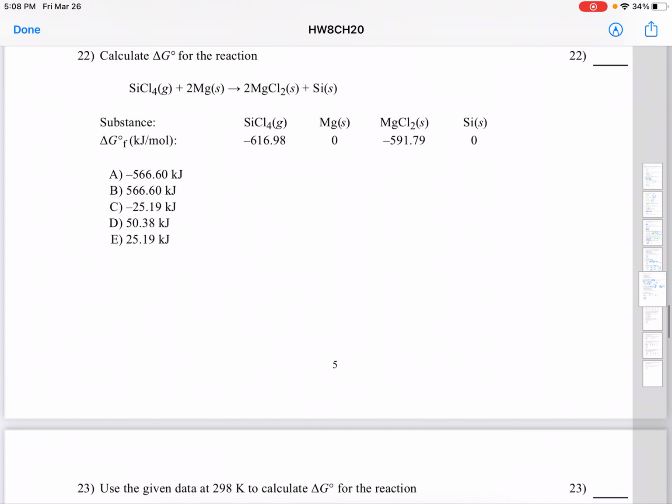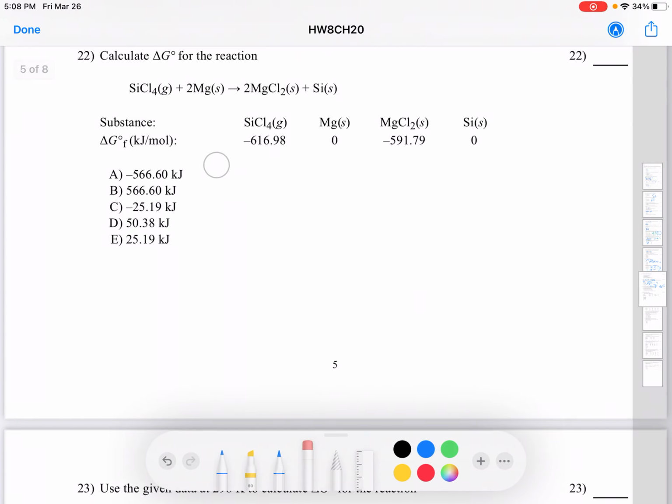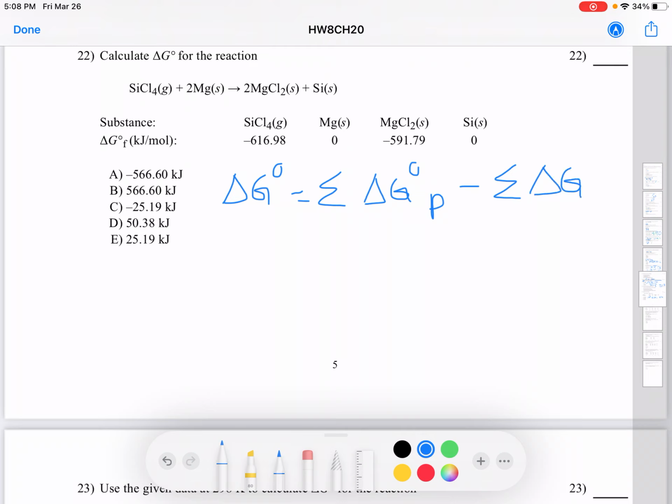Calculate delta G naught for the reaction. How do you calculate delta G naught? Again, we use this equation. Since the delta G values are given for individual compounds, the sum of all the delta G naught values for the products minus the sum of all the delta G naught values for the reactants will give you delta G naught for the reaction. Our products are going to be magnesium chloride and silicon. Also take into consideration the number of moles.